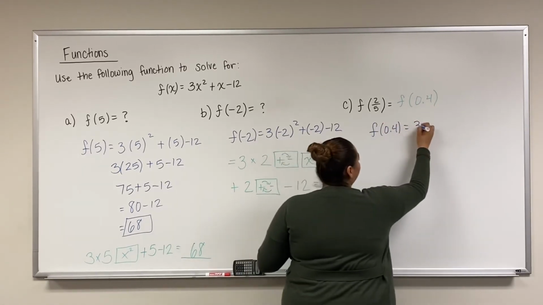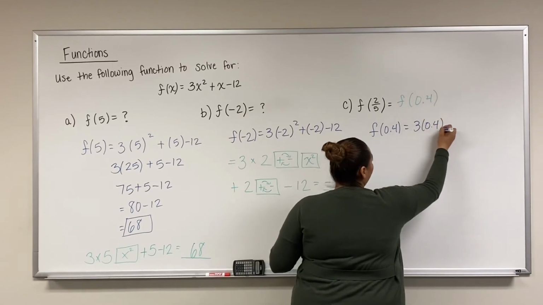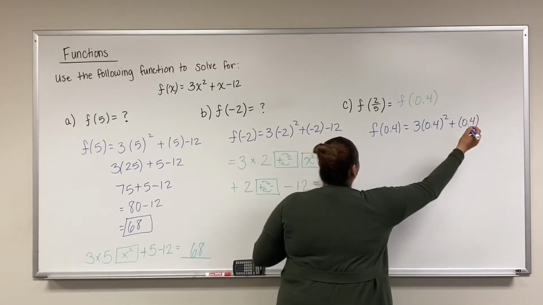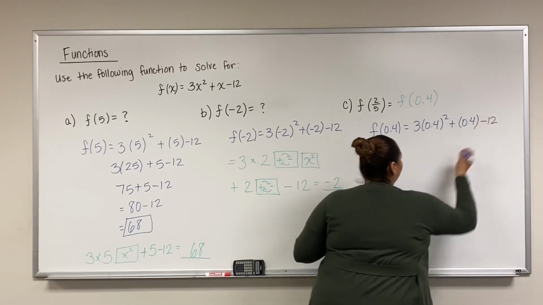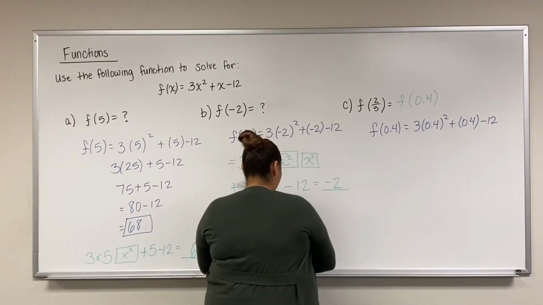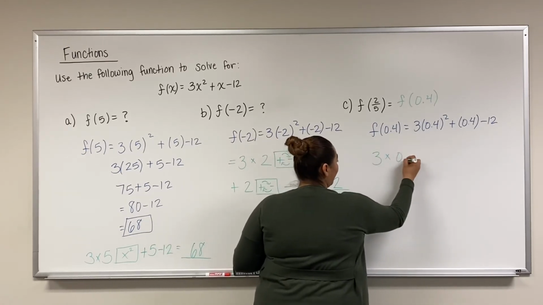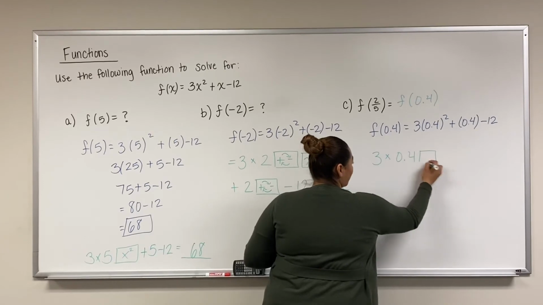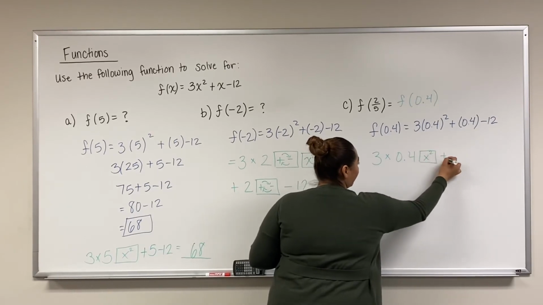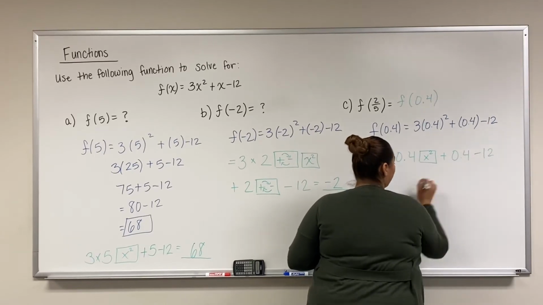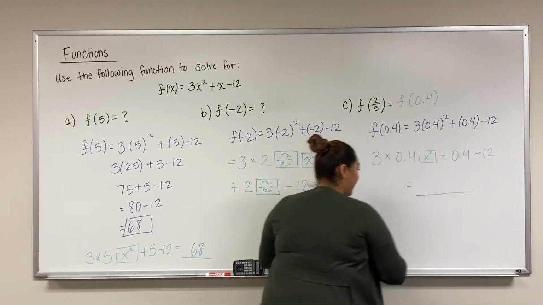It equals 3 times 0.4 squared plus 0.4 minus 12. So the way you're going to put it in the calculator, we're going to put 3 times 0.4 squared plus 0.4 minus 12 and equals, and it should give us our answer.